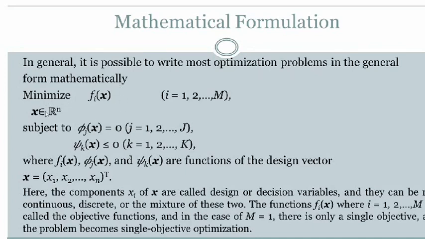That is, minimize f_i(x), where the vector x belongs to the n-dimensional vector space R, that is real value, and here i equals 1 up to m, say, subject to phi_j(x) equals 0, j equals 1 up to say capital J, and then psi_k(x), these bold x's are considered as vectors, is less than or equal to 0.